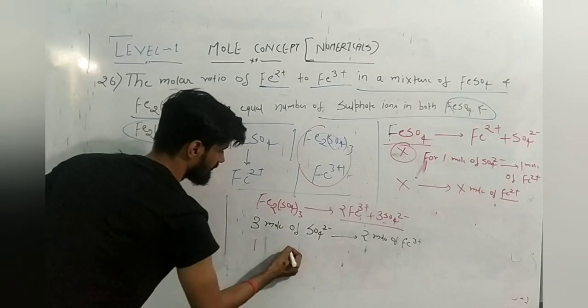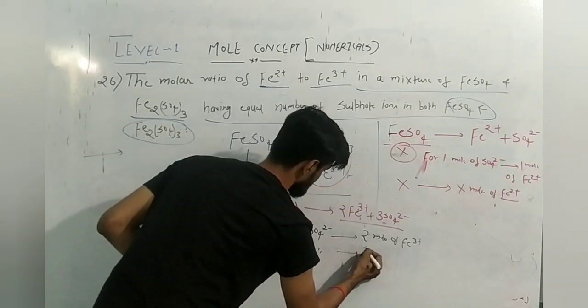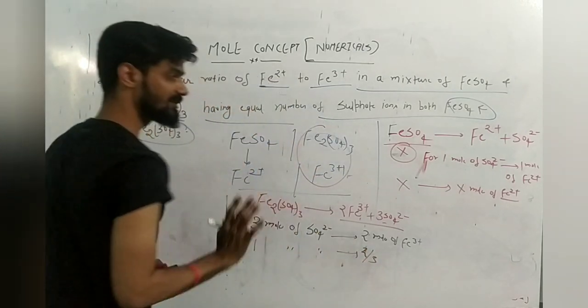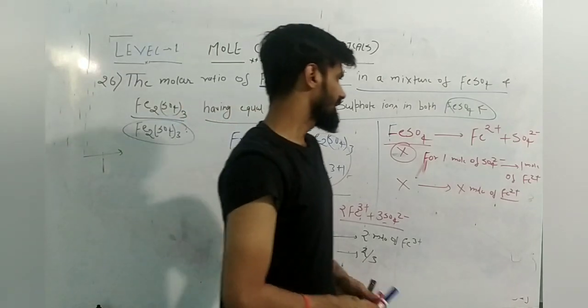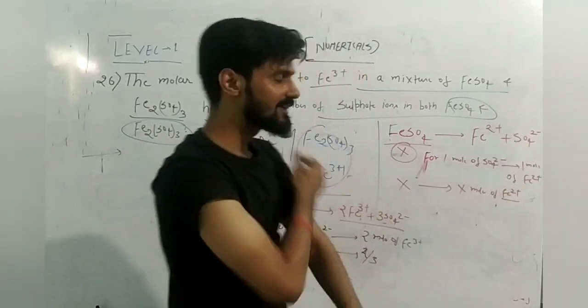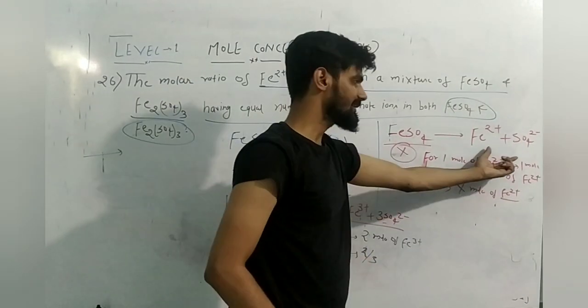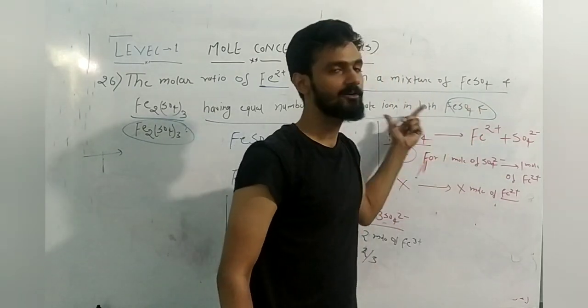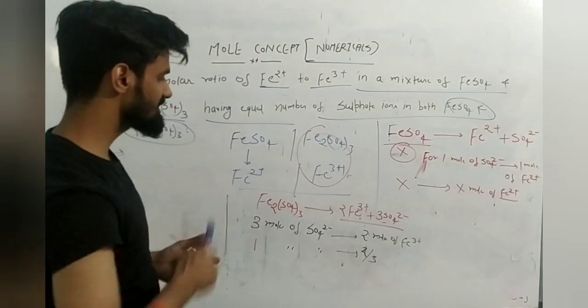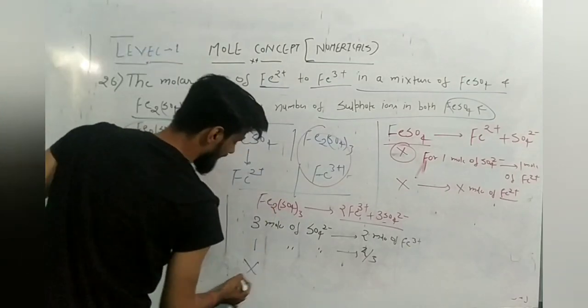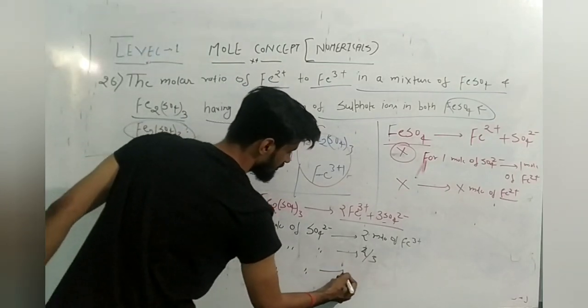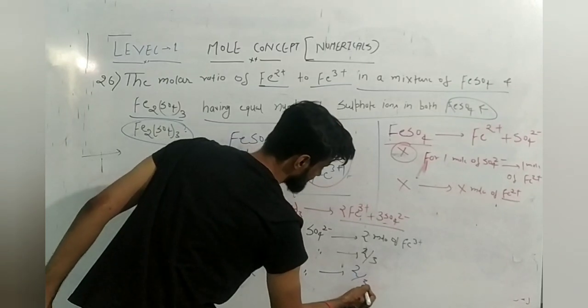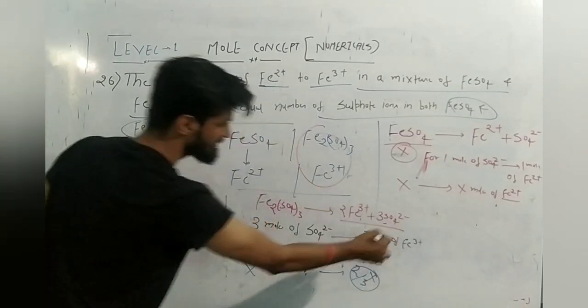So for 1 mole of SO4 2-, you will get 2 by 3. You have to put an equal number of sulfate ions. Here you assumed initially there are X moles of sulfate ions according to the question. So for X moles of SO4 2-, you will get 2 by 3 X moles of Fe3+ ion.